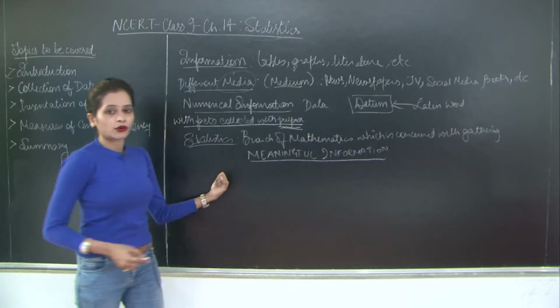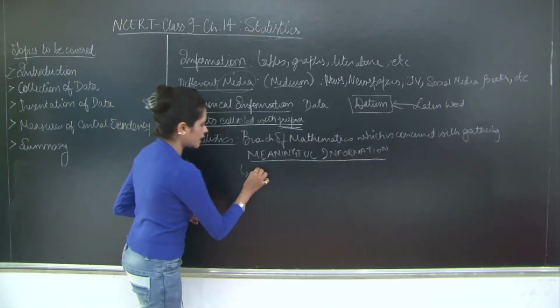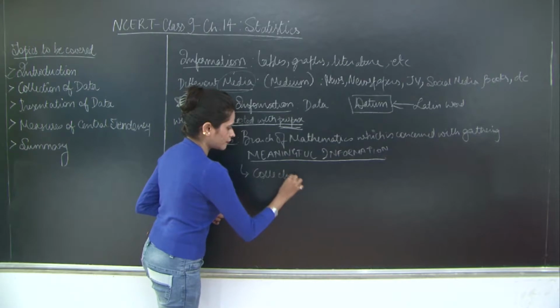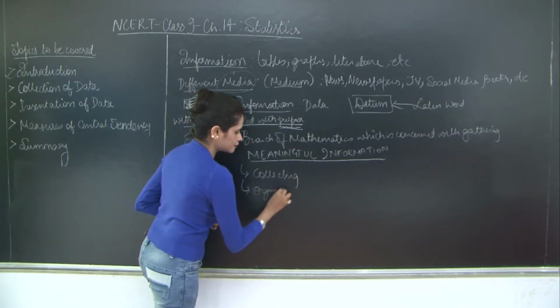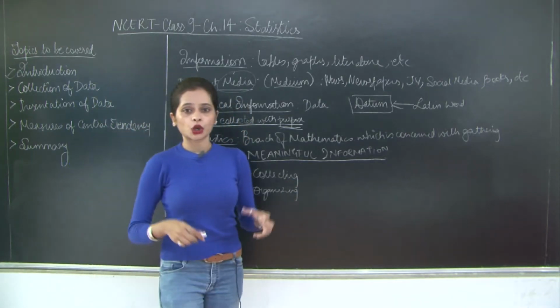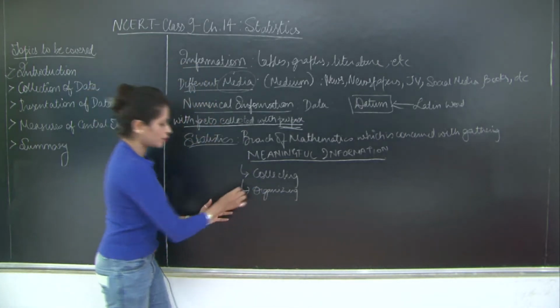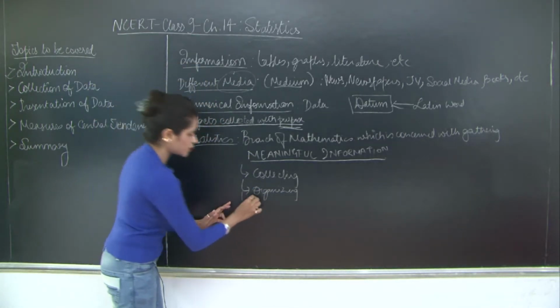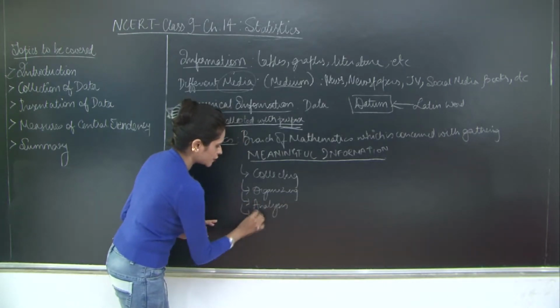So statistics follows 4 basic approaches. Initially, it was only collecting and organizing of data. But since we are dealing with a lot of information or data these days, statistics started being used for other purposes also, which was analysis and interpretation.